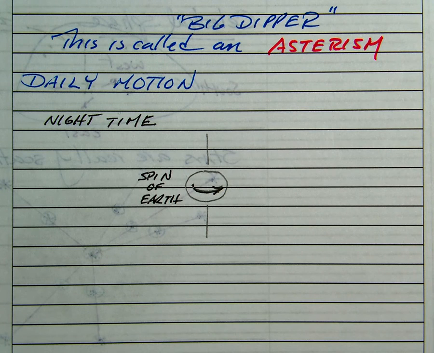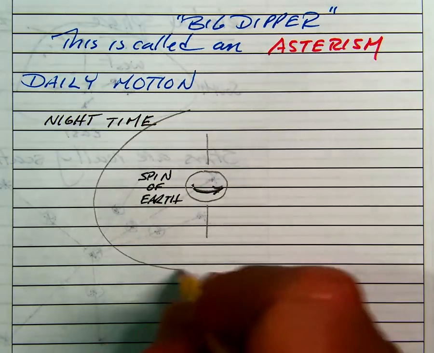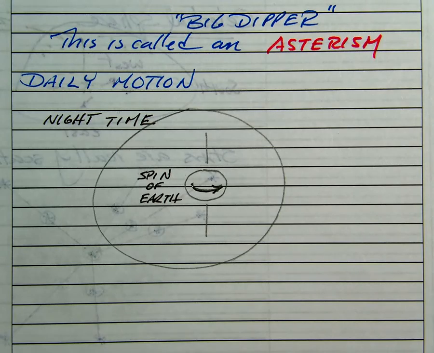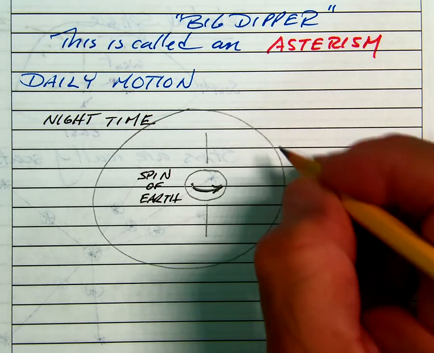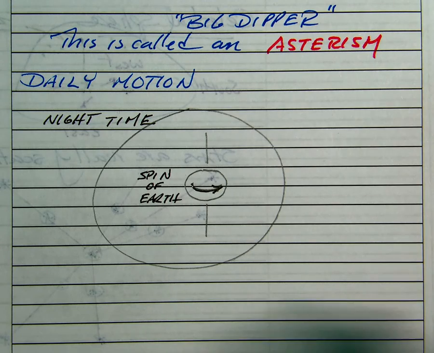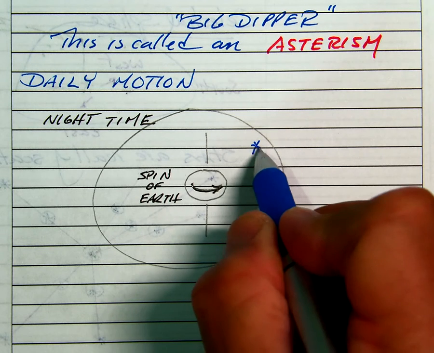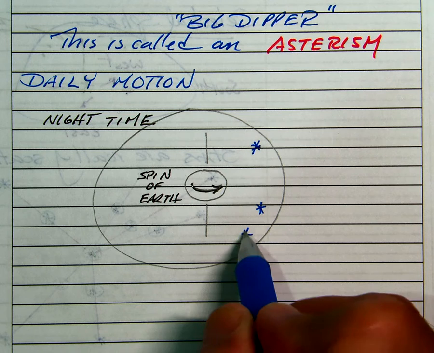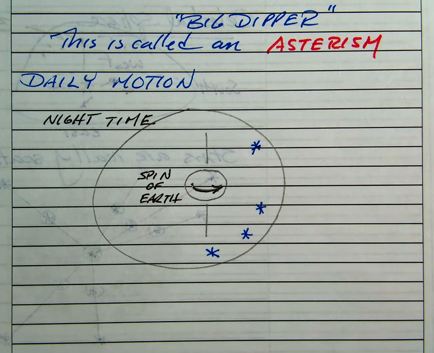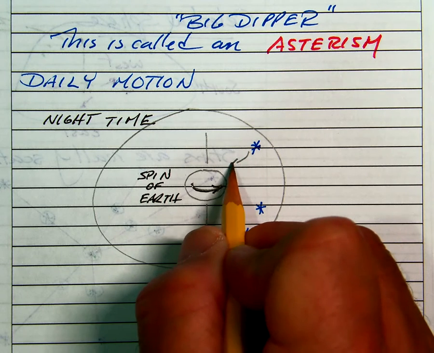Now, the celestial sphere that surrounds it, like that, you basically have the stars. As the Earth spins, the stars appear to move. So there's the stars that we might be able to see, but they seem to be going in this fashion around the Earth.